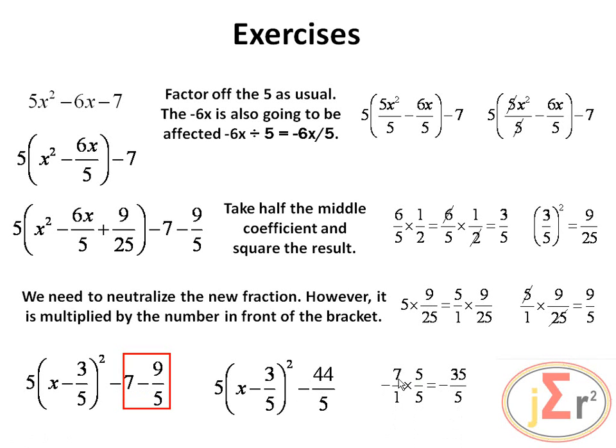Do not forget that all we need to do is multiply this 7 by 5. We get 35, so that is 35 over 5. And what happens? We have negative 35 over 5 minus 9 over 5, and that is equal to negative 44 over 5.